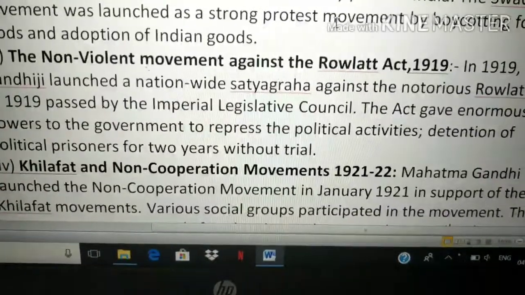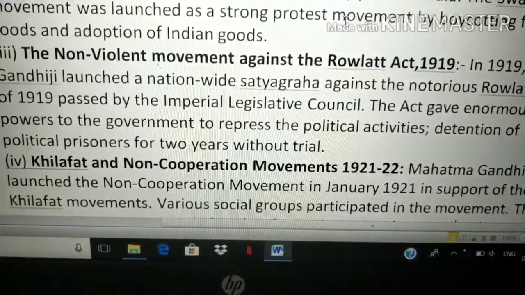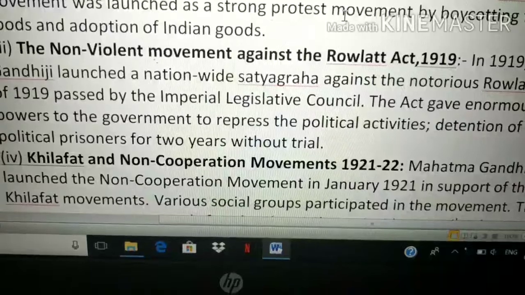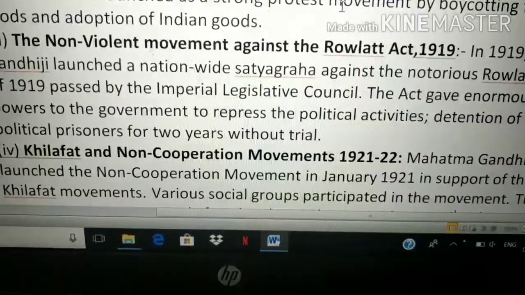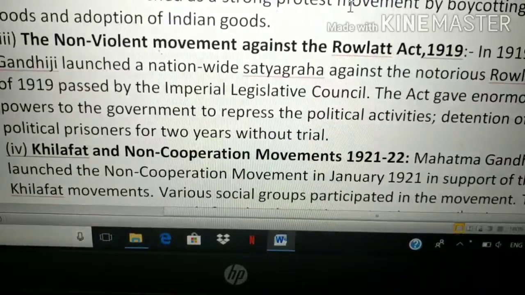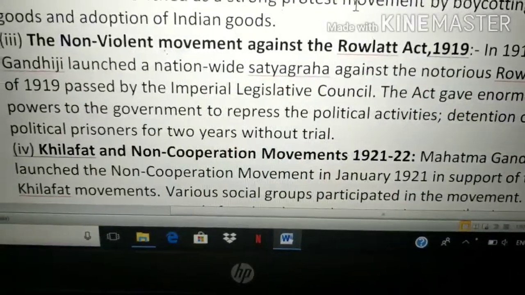The Act gave enormous power to the government to repress political activities, and allowed detention of political prisoners for 2 years without trial.